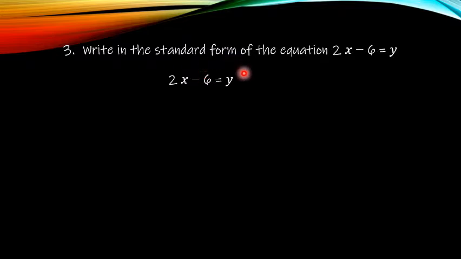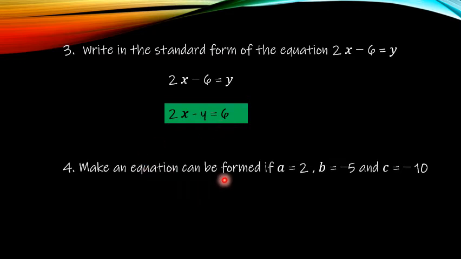But don't forget, if you rearrange this one, the sign will change. So 2x copy. The y, when you put it here, becomes negative y. Then this negative 6 becomes positive when you move it to the right side. We have 2x minus y equals 6. That's the answer.